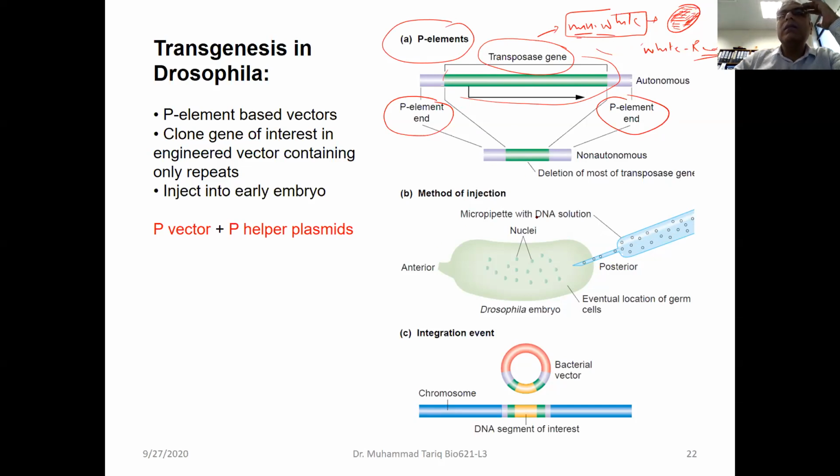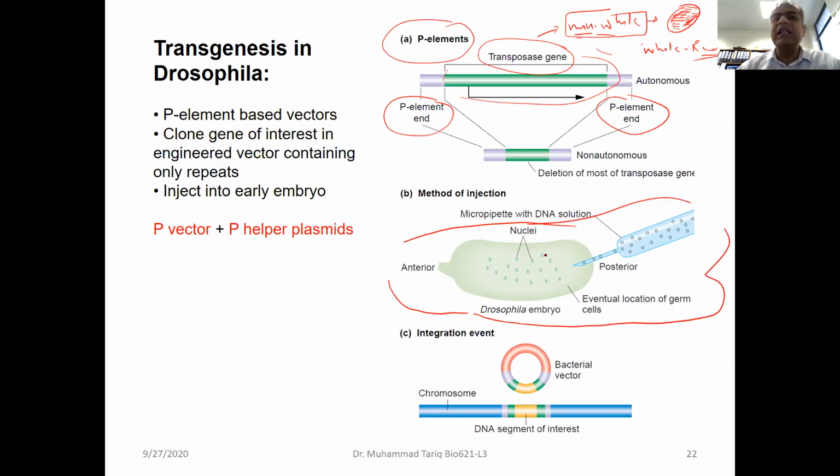So you inject fly embryos. Within the first 30 minutes of egg laying, you collect embryos, and through a very fine needle, you inject.